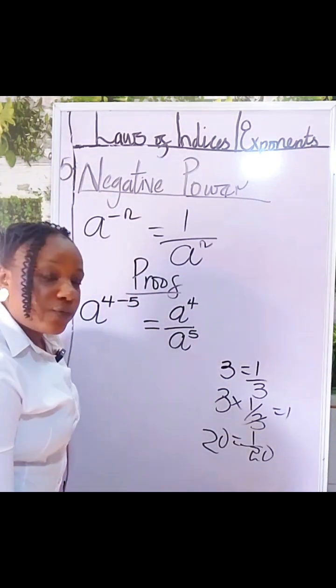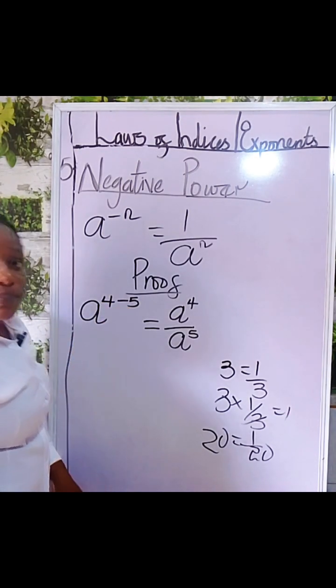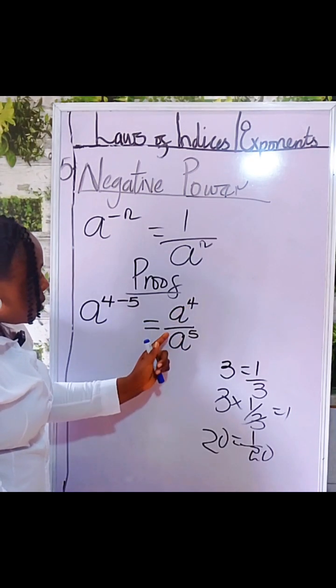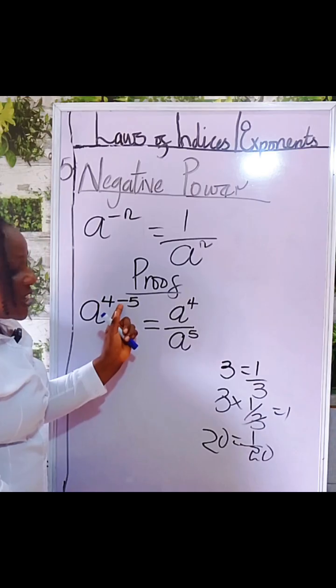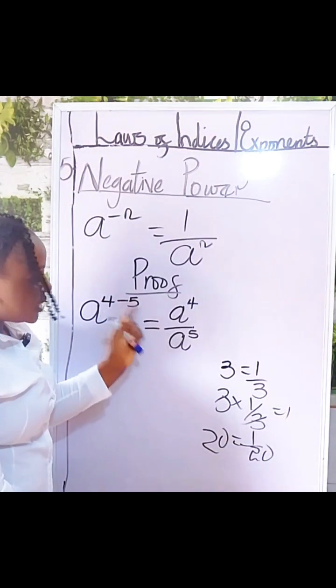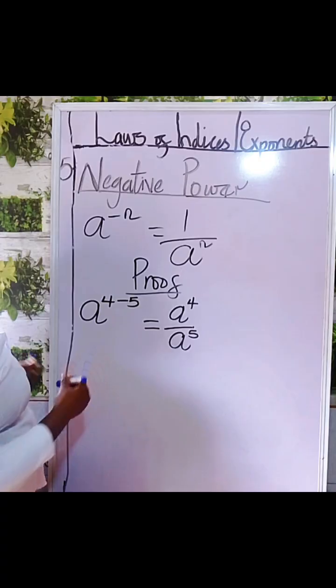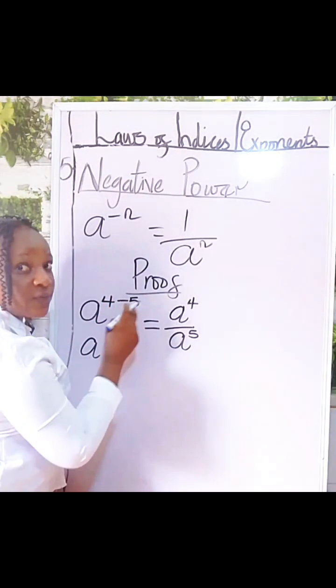So if you are given a raised to power 4 minus 5, remember it is also a^4 divided by a^5. Remember that division is subtracting the powers. This is division, this is subtracting. It's the same thing. I hope you do not forget. But when we are given something like this, we have a^(4 minus 5).